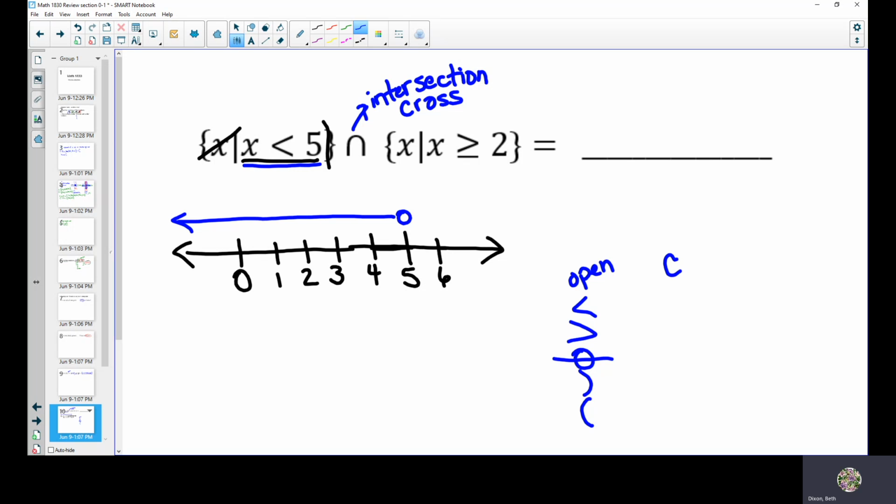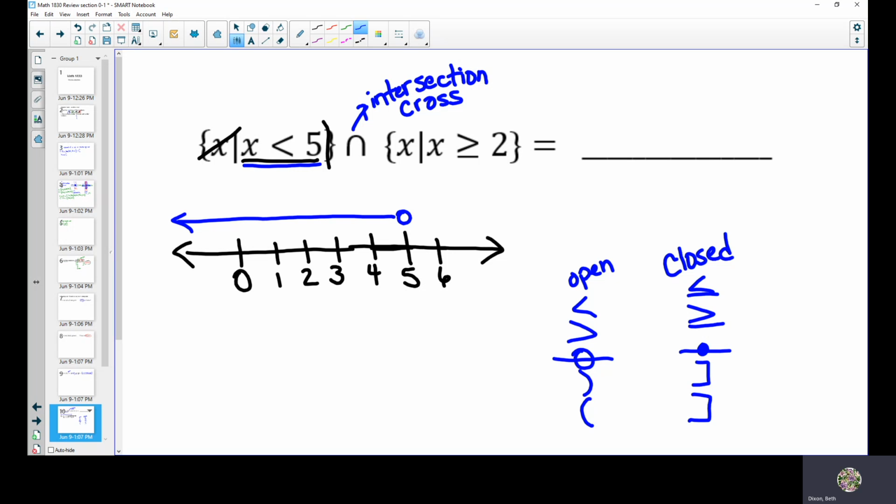Your closed intervals are those that have the equal to, which would be less than or equal to, greater than or equal to. When we draw those on a number line, they get the solid filled in dots, and they get the brackets. We will cover that again when we cover interval notation, but we need to go on and mention that here.